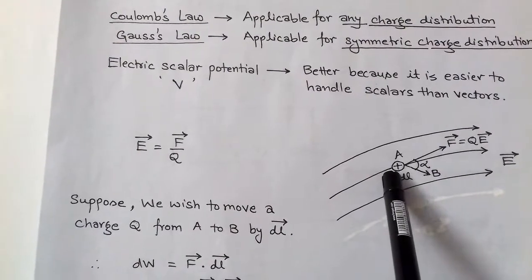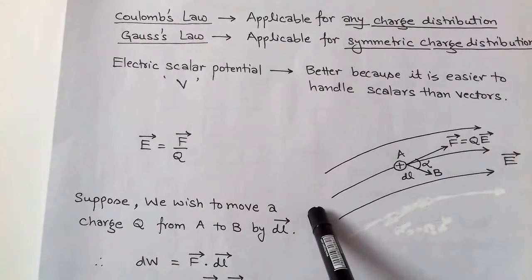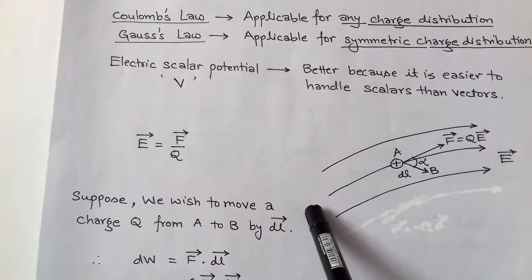Since this charge Q is a positive charge, it is repelled by the source of the electric field.